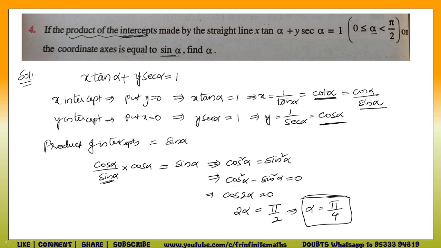So 2 alpha is equal to pi by 2, and from this alpha is equal to pi by 4. This is nothing but the angle made by that particular line x tan alpha plus y secant alpha is equal to 1. So here the angle is pi by 4. Then only will the product of intercepts equal to sin alpha occur.